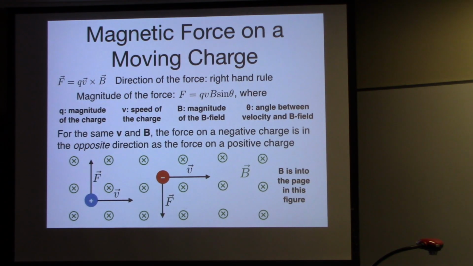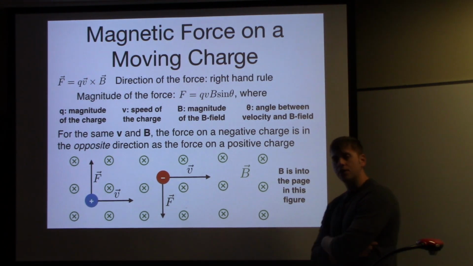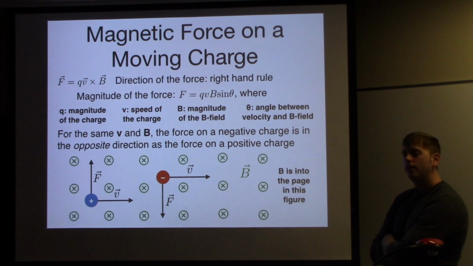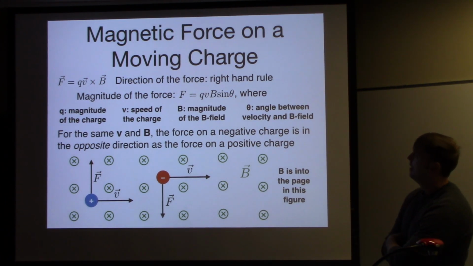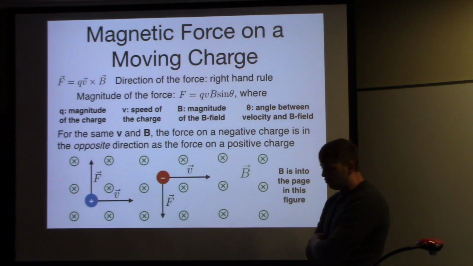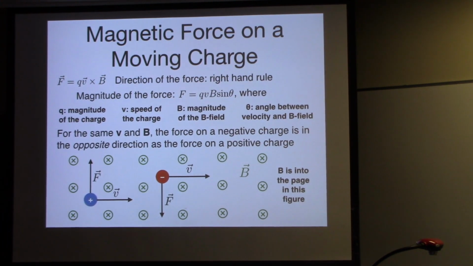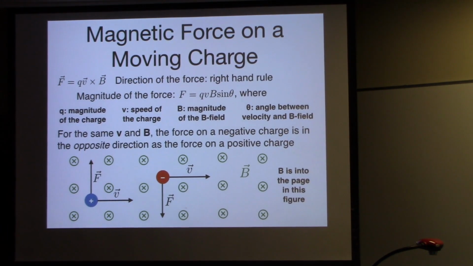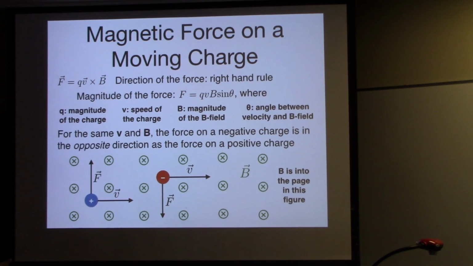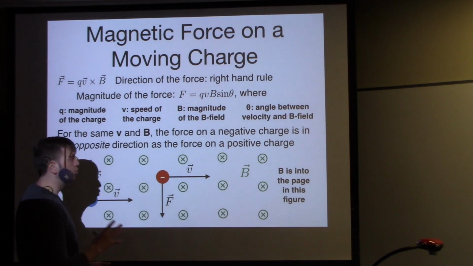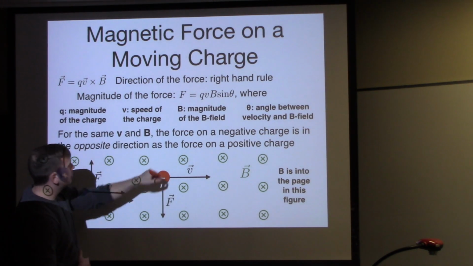So now we know that an individual point charge moving through a magnetic field in some way is going to have a force acting on it, which is equal to QV cross B. And again, we're dealing with a cross product, so we have to think about how we calculate a cross product in terms of magnitude and in terms of direction. Well, the direction, as always, for a cross product is going to be given by the right-hand rule, whereas the magnitude of the force is given by this.